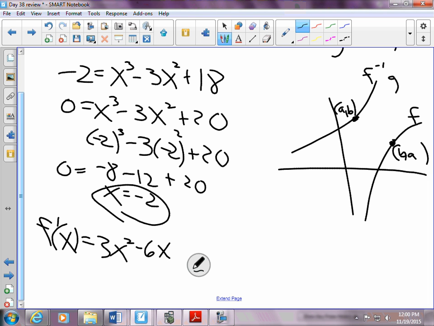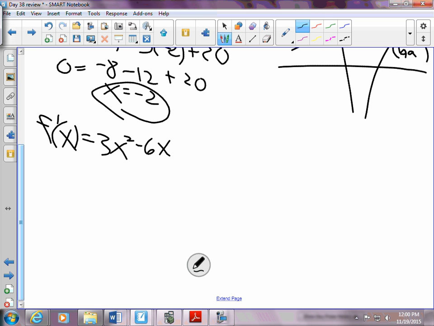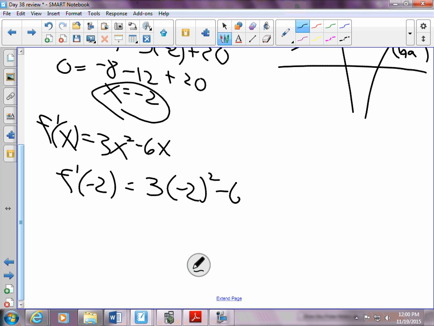Pop the number you just found into it. It's just a bad coincidence it came out to be -2 also. But whatever number you just found, that's the number you plug into the derivative. So 3 times -2 squared minus 6 times -2. So 12 plus 12 is 24.